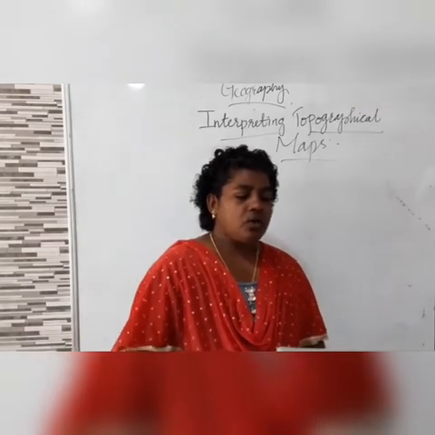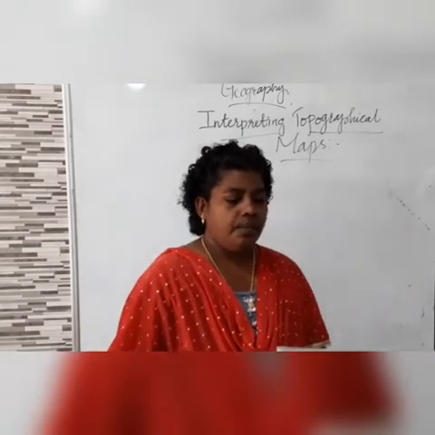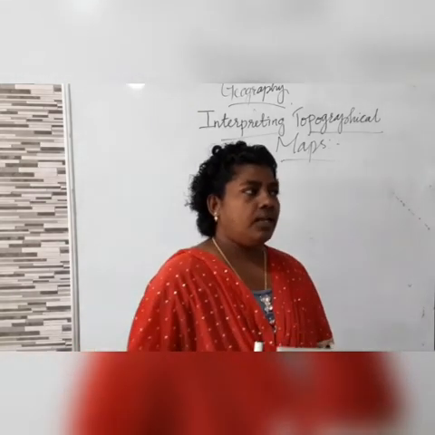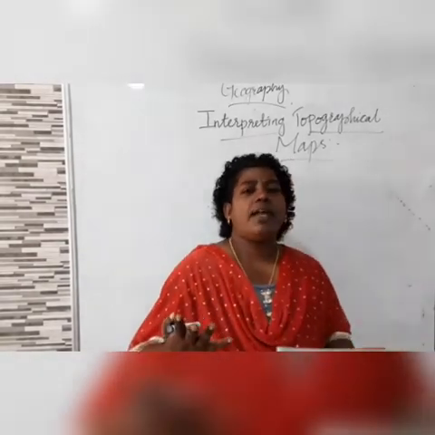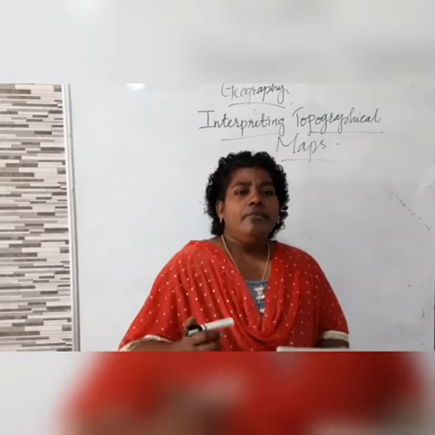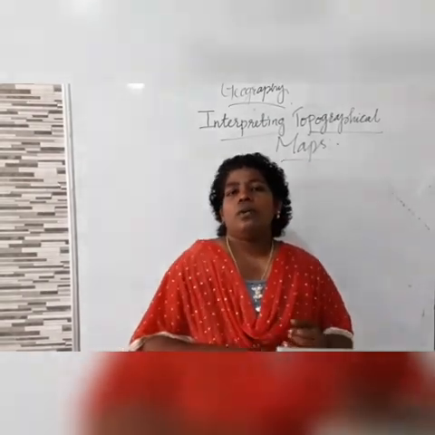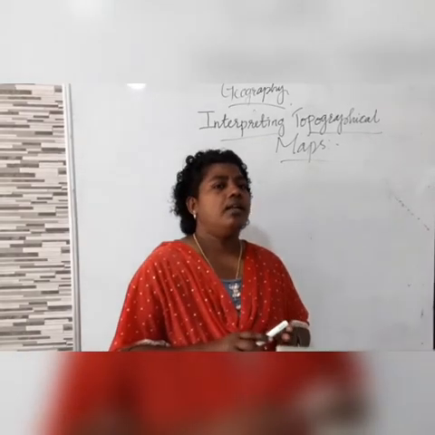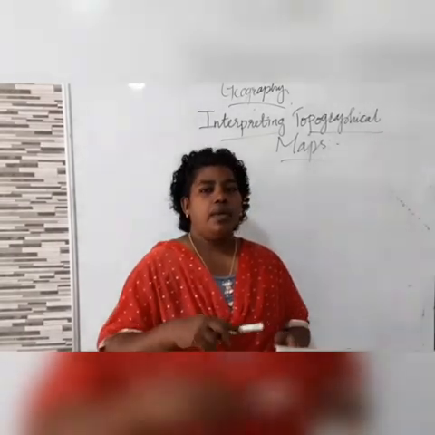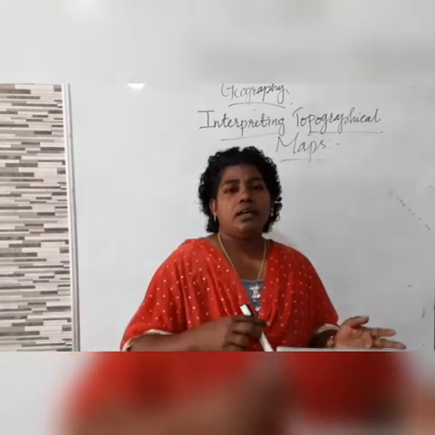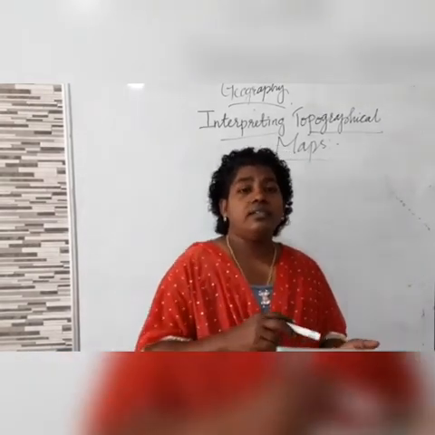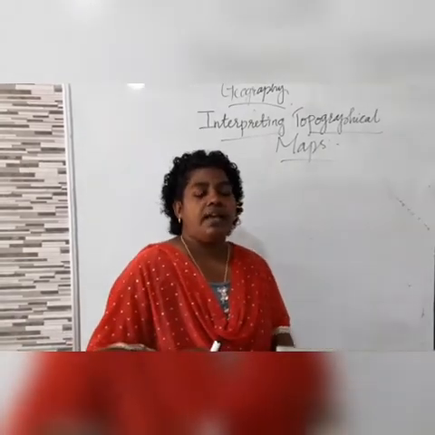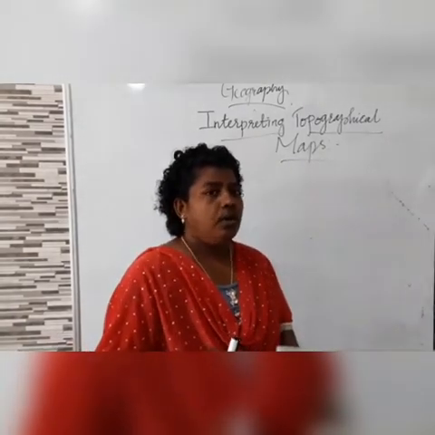Now, settlements are found where there are prospects for employment, where people can find employment, where industries and factories are found, manufacturing goods and trade where possible. And where there are more towns and cities, there we can find more settlements.